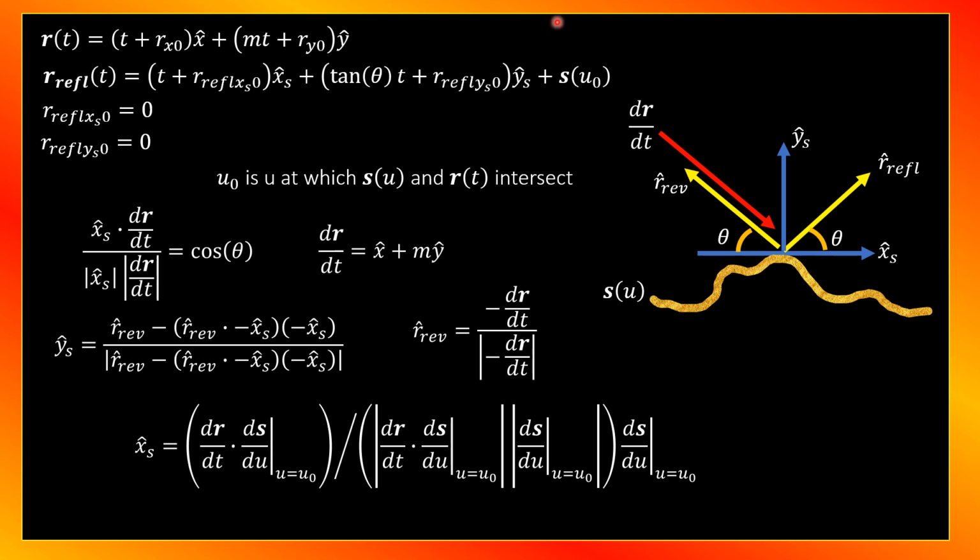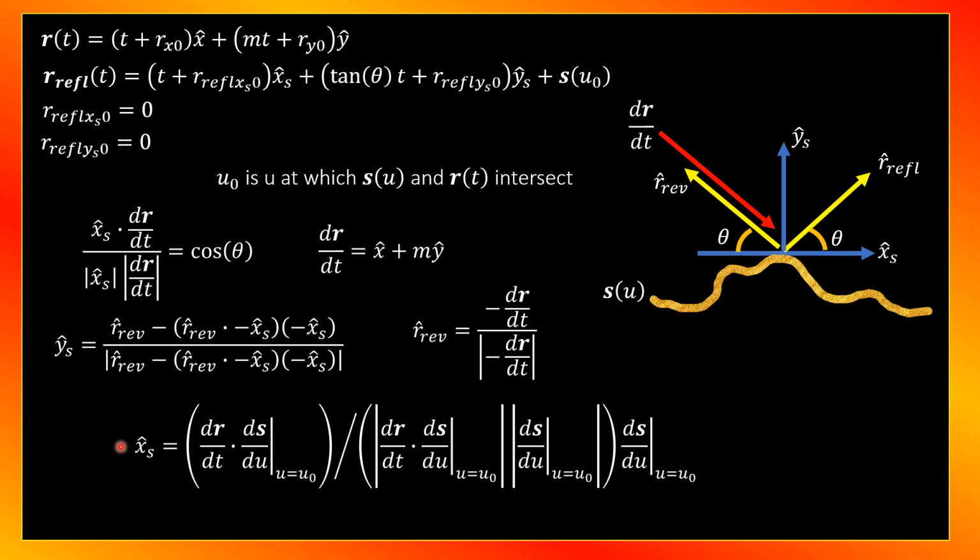I know that this may seem a bit overwhelming, this entire giant set of equations, but I'm going to break it down into smaller pieces. R of t is the path of a single light ray prior to hitting the surface, and the surface is described by S of u, which is this squiggly line over here.